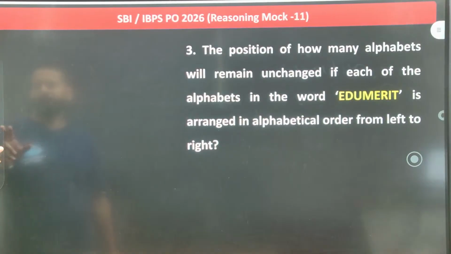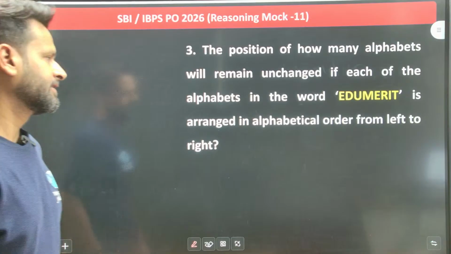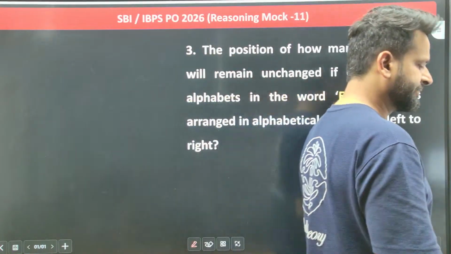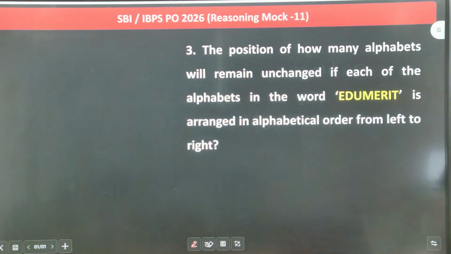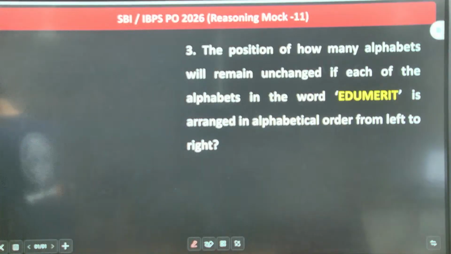The position of how many letters will change in the word ENUMERATE? Arrangement-based question, rearrangement-based question. Arrange according to the given statement, how we are required to arrange, and then answer.